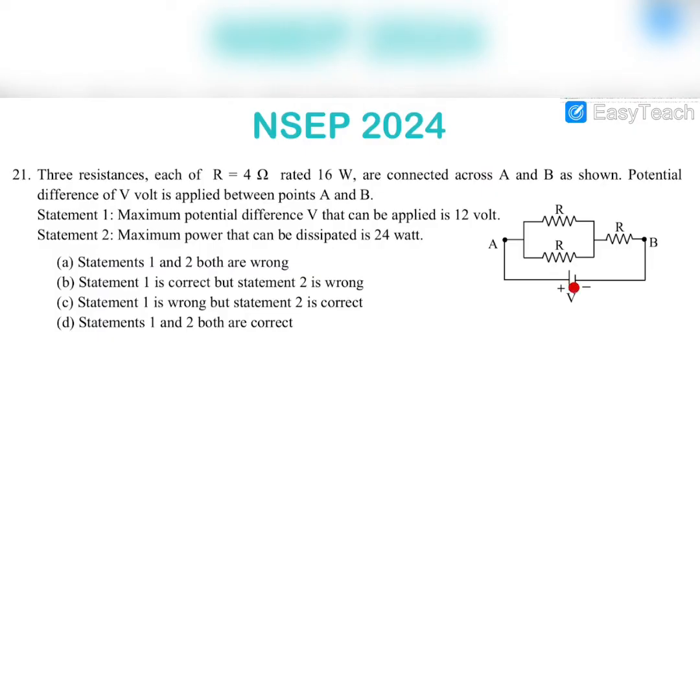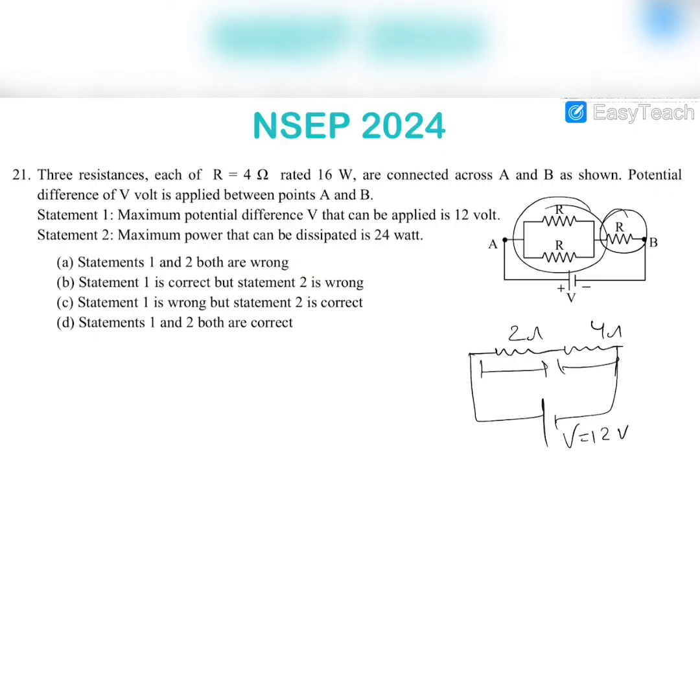applied is 12 volts. So let us see first of all that this combination is 2 ohms and this is 4 ohms. And if we have to divide this 12 volts into 2 and 4, then we know that ratio division is the simplest trick to divide the potentials, and the ratio of 2 and 4 is 1 is to 2.